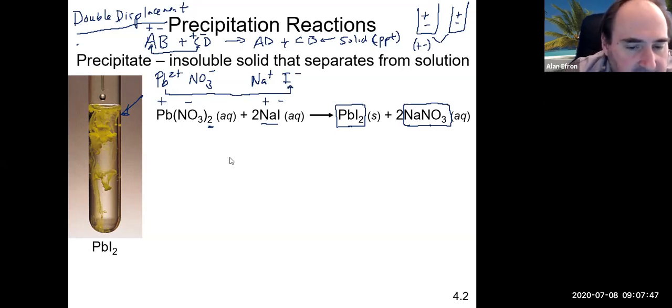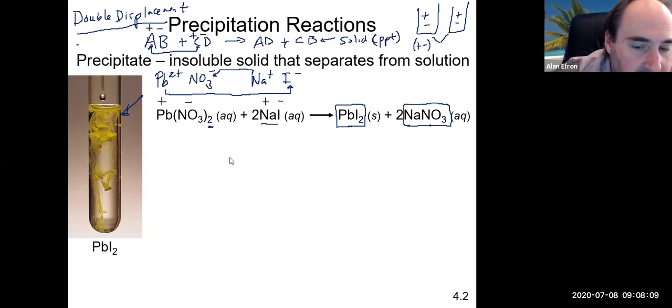And that is a +2 and a -1, which means we do get PbI2, the correct formula on this side. We need 2 of the iodides. Also means when we take the sodium, it is going to come over here to the nitrate. The sodium is +1, the nitrate is -1, which is how we get to this formula.